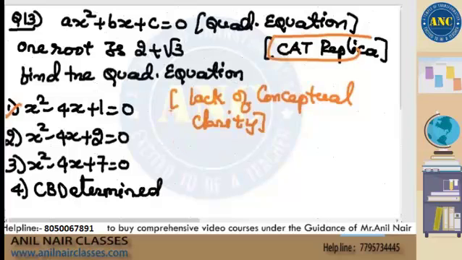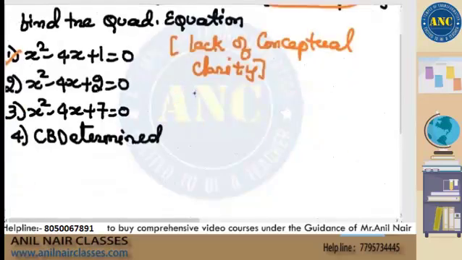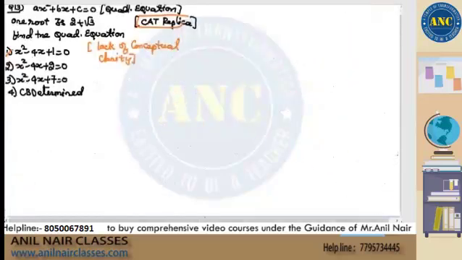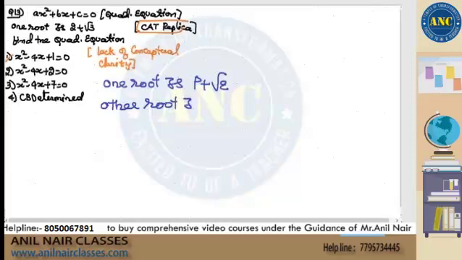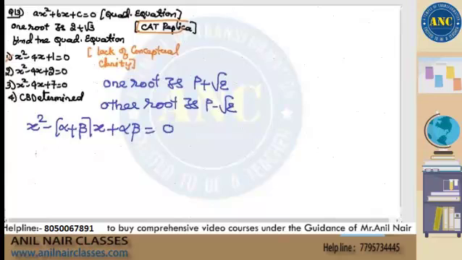Right? So what they will do is, if one root is p plus root q, other root, directly they will write it as p minus root q, and they will use this equation as x square minus (alpha plus beta) x plus alpha beta equivalent to 0.